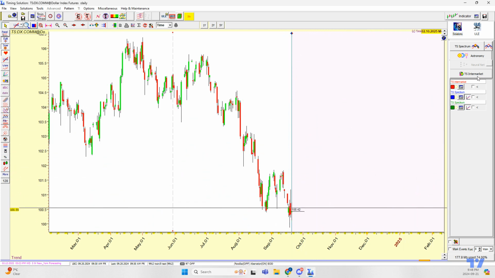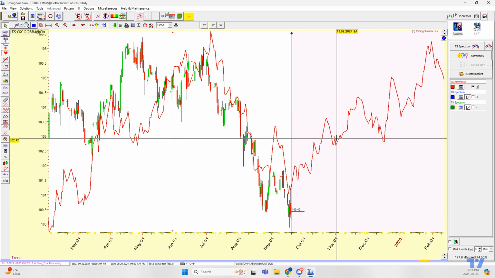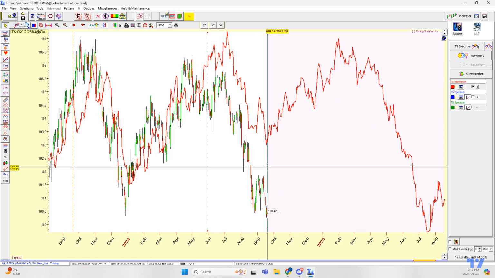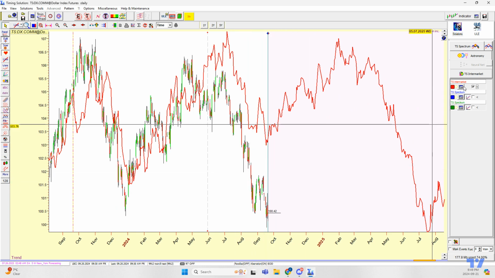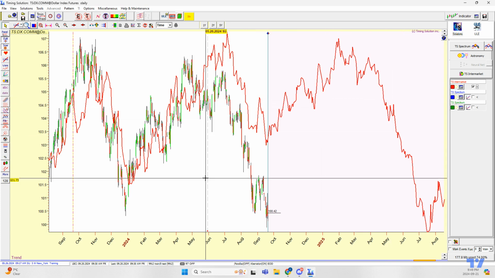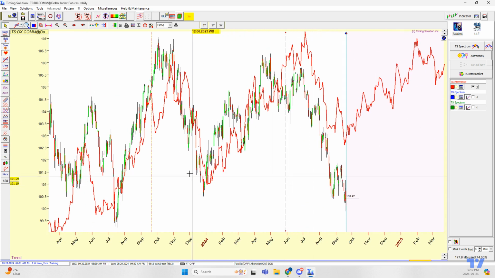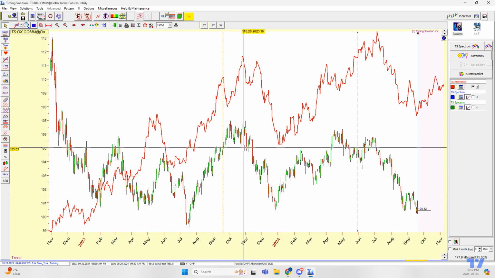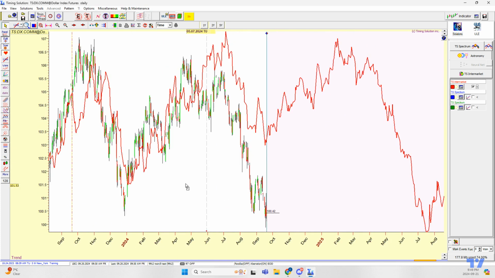Now I'm going to take a look at the intermarket analysis. I asked the computer to find the most similar year in price action for this market. What it found was that there's a 60.9% correlation between this year's price action and the price action from 2001, as of September 1st, 2001. You can see here, it's kind of crazy how closely this is calling general market bottoms and highs.